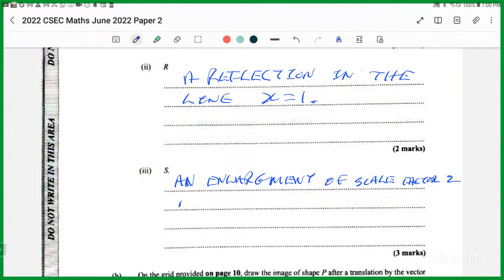Just write "and center." Then we say about the point. The point is 7, 11. Center point is 7, 11. That's the answer right there. But you could also say about the point 7, 11. Center point, 7, 11.